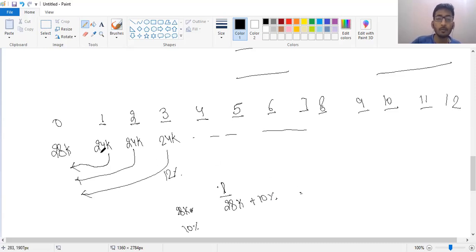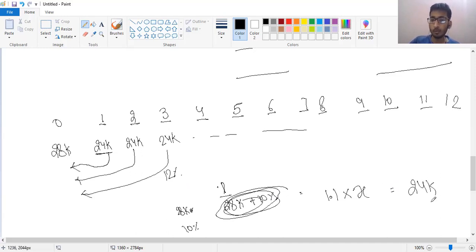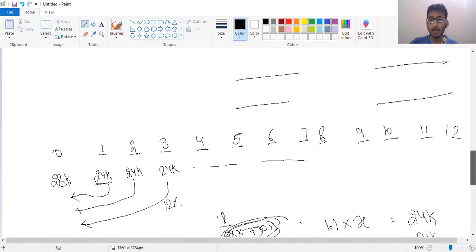In the same way, this 24K is 1.1 times the initial amount. So what is the initial amount? It will be 24K divided by 1.1. So basically we are bringing this value to the beginning by dividing it by the rate of return. I hope you have understood.